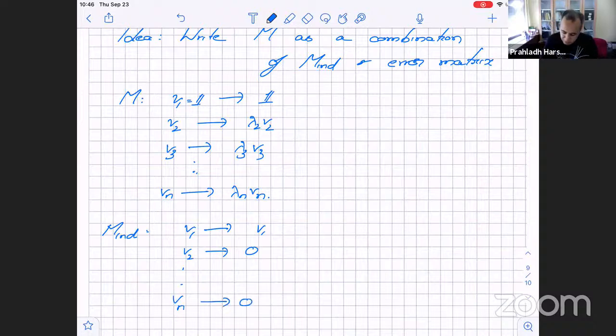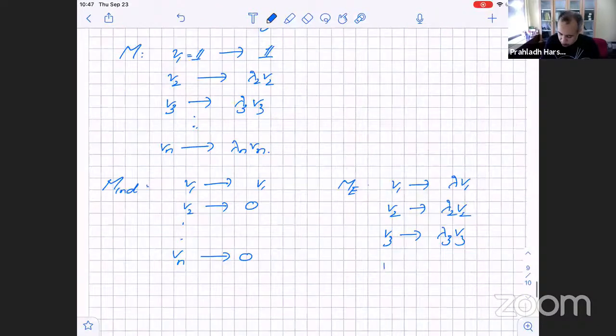So now let's come up with this matrix M_E. I'm going to specially design it in the following way. It takes V1 to lambda V1, V2 to lambda 2 V2, V3 to lambda 3 V3, and Vn to lambda n Vn.